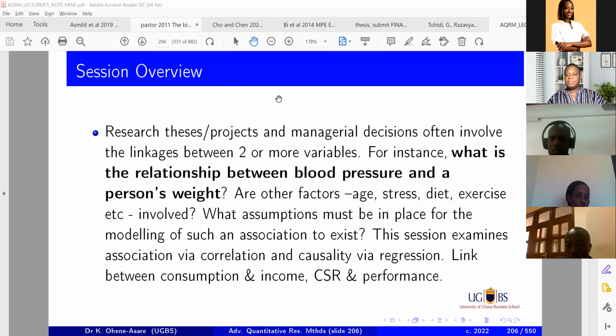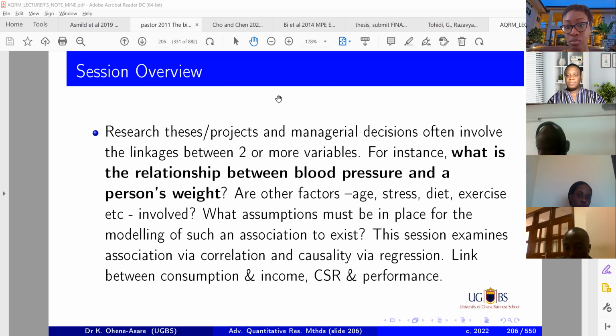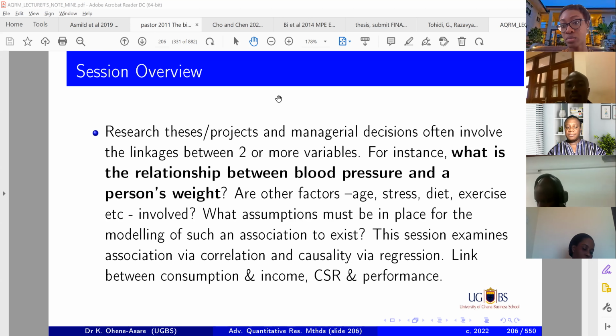Kofi? Please, there's a positive relationship between consumption and income. Explain, Kofi. Holding other factors constant, the more income you earn, the more you're able to spend.